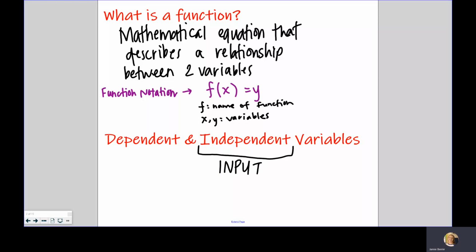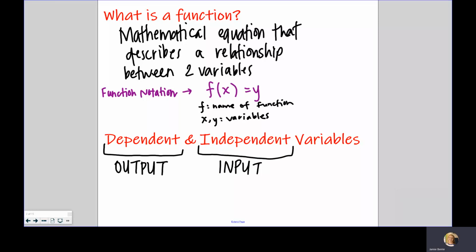That's the number that you're plugging in. So the independent variable is going to be the number or the expression that you're plugging in. The dependent variable here would be y. That's the output variable. That's the number or the expression that you're getting out.